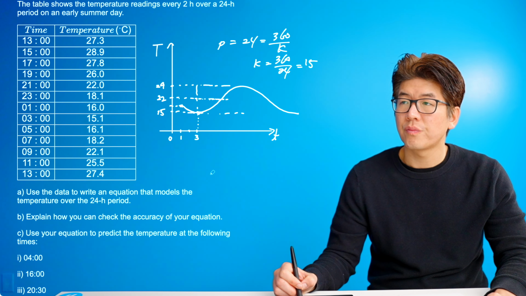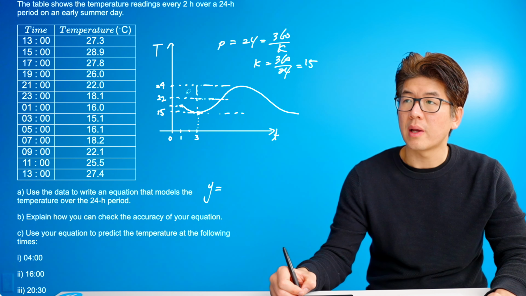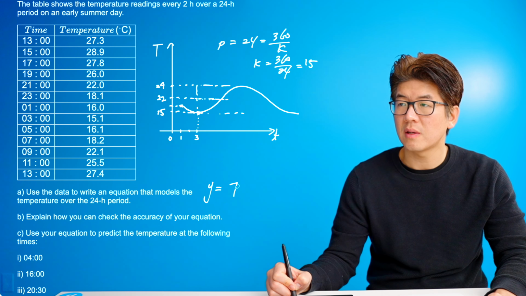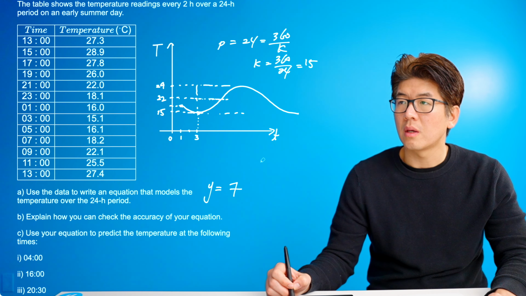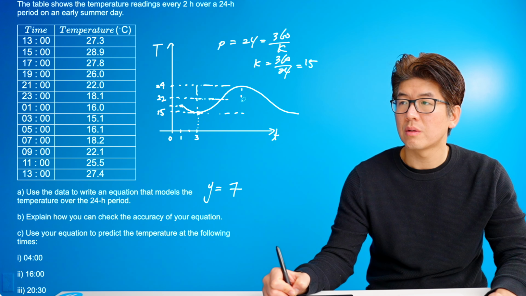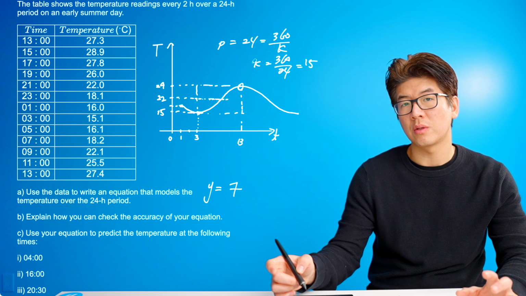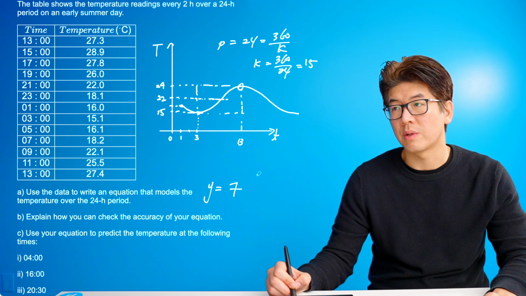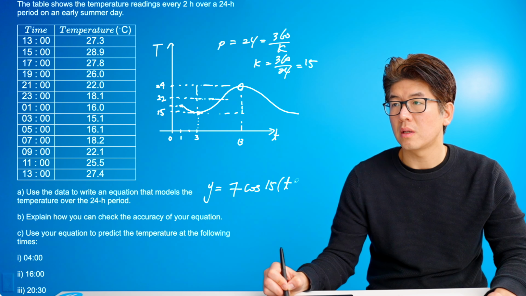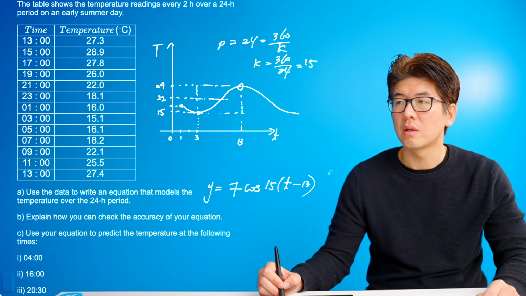Okay, so we know it's going to be y is equal to the amplitude from 22 to 15 is 7. So it's going to be 7. And we're starting from, let's say, 13 here. If we start from here, then we can use the cosine function, right? So cosine 15 times (t minus 13), right?